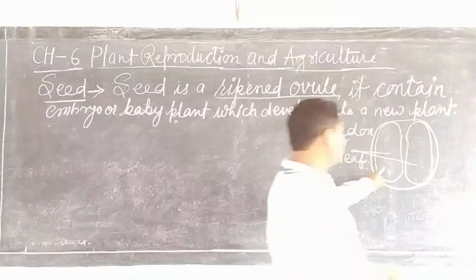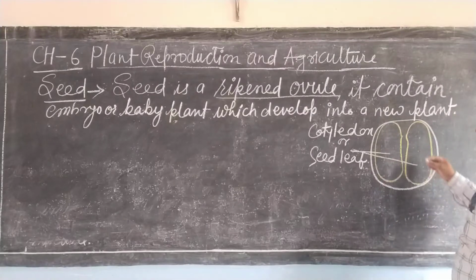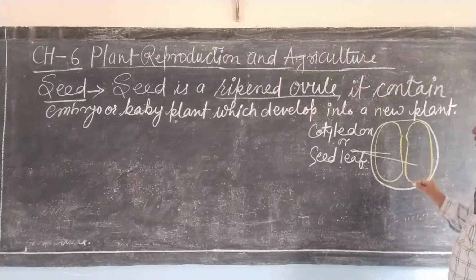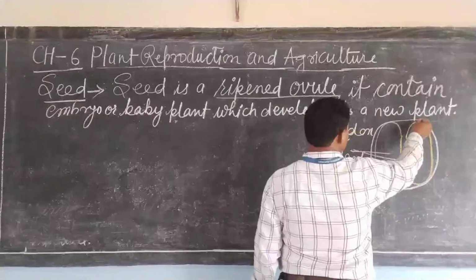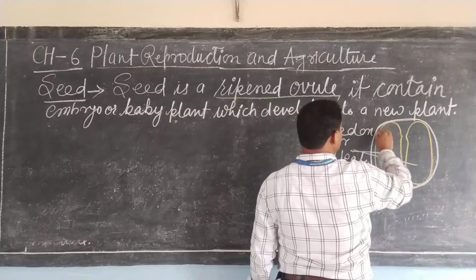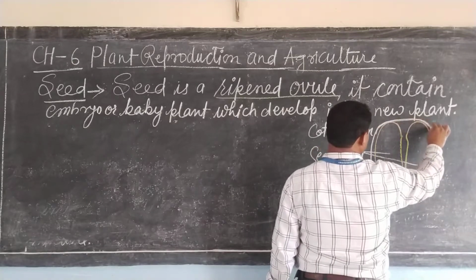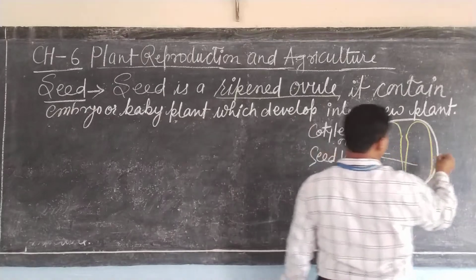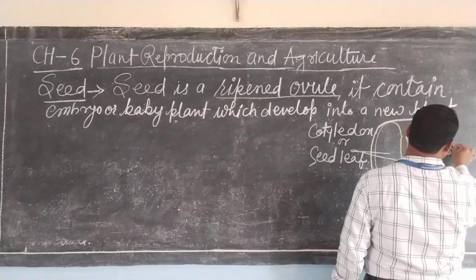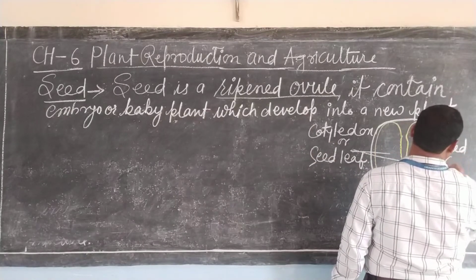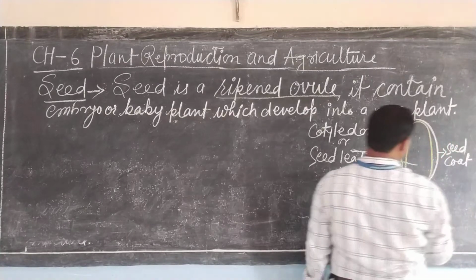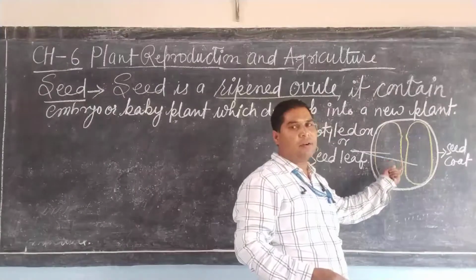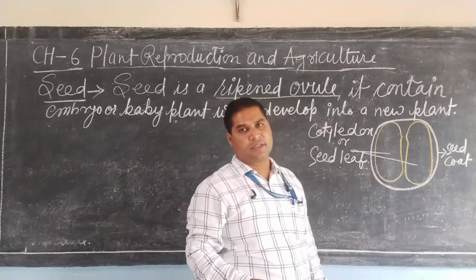So I showed you here a seed with the two cotyledons or two seed leaves, and you see externally it is covered by a protective covering, and this protective covering is known as a seed coat, which protects the seed and the baby plant from the adverse effects of the environment.